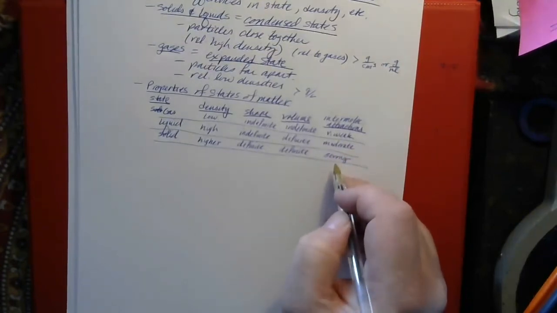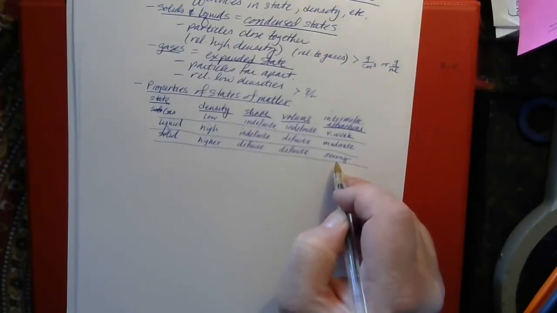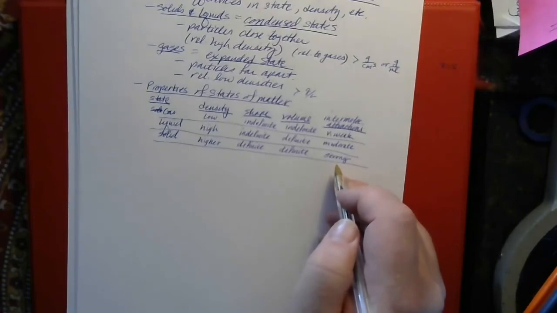Solids have relatively strong intermolecular attractions, and that just means that the particles are so strongly attracted to each other that they're not just close to each other, but they're essentially fixed in place, and they don't move relative to each other.